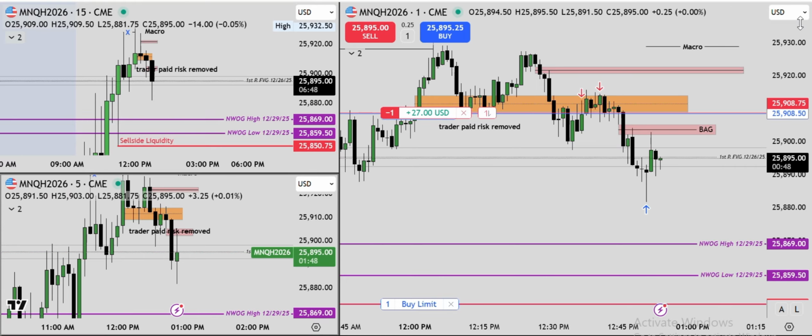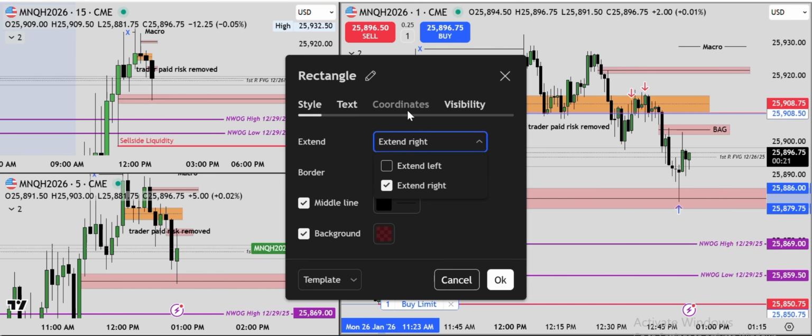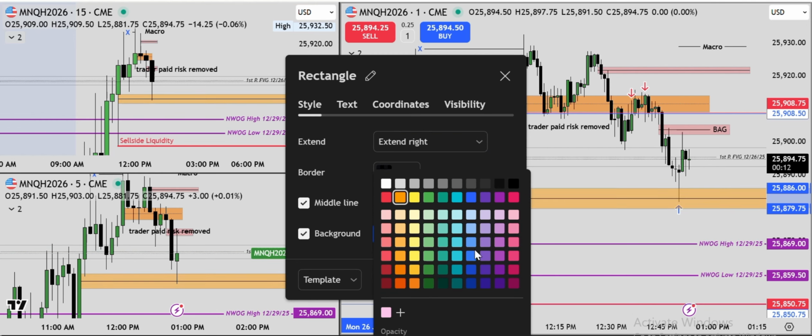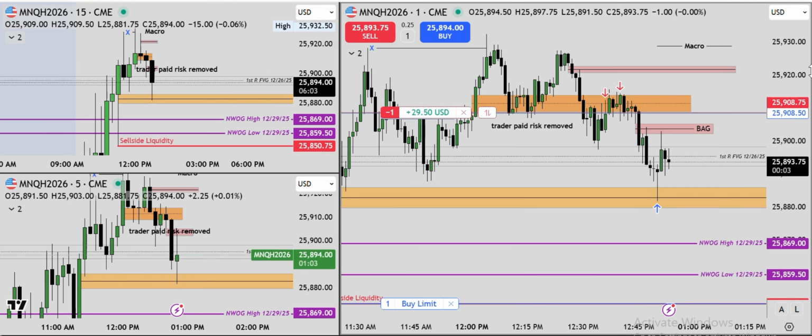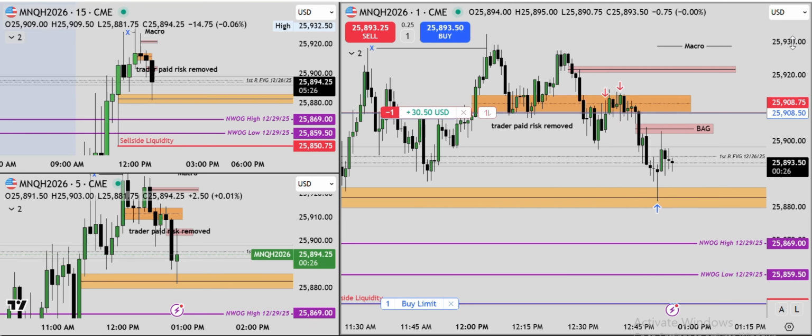So I'm watching that breakaway gap to see if we tap into it. We had already tapped into it once and we failed to close in the lower half of it or reach its consequent encroachment. I just labeled a previous fair value gap that I want to see act as resistance.